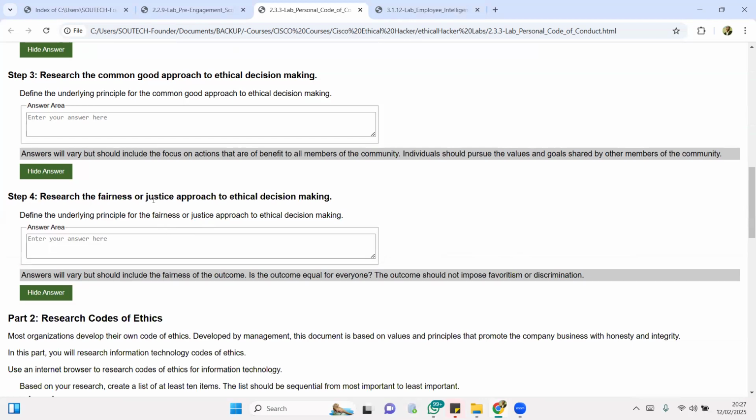Now, the fairness and justice approach. Whatever you're going to be doing, whether you're meant to get access to something or run a pen test, you must make sure that you're not favoring or discriminating. You want to make sure there is equality in who should have access. Take, for instance, somebody's account has been hacked.